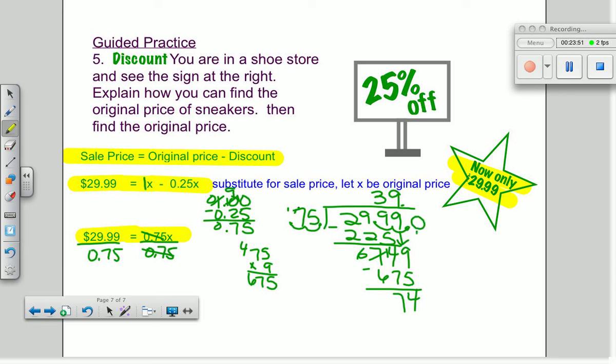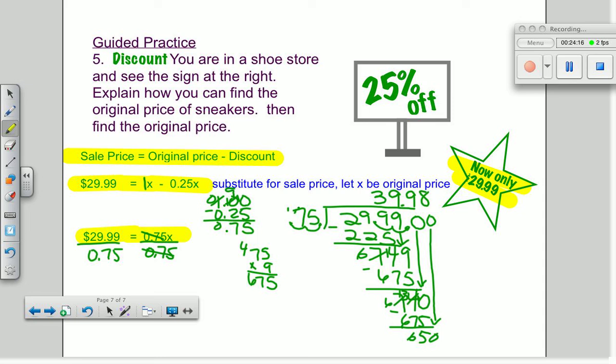Bring down the 0. 740. 75 goes into 740 another 9 times. 675 again. Subtract again. 10 minus 5 is 5. 13 minus 7 is 6. 650. Another 0. This time it's going to go in 8 times.